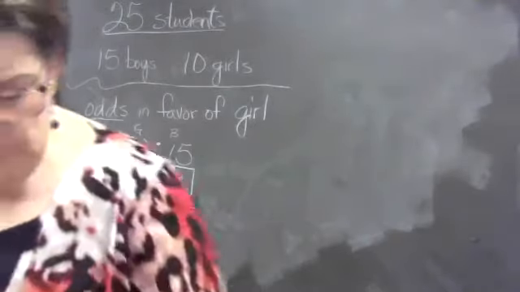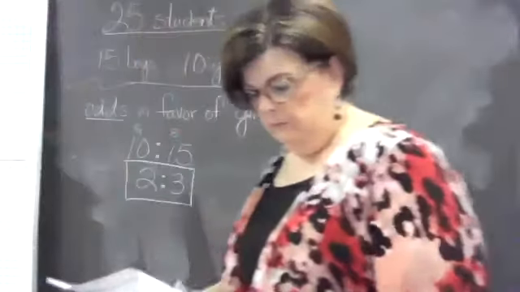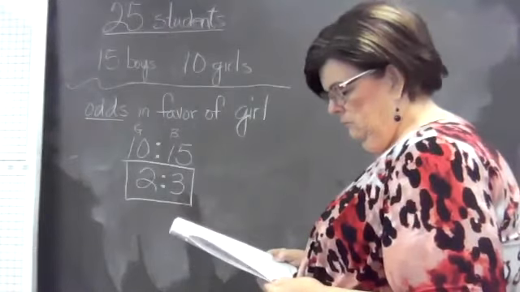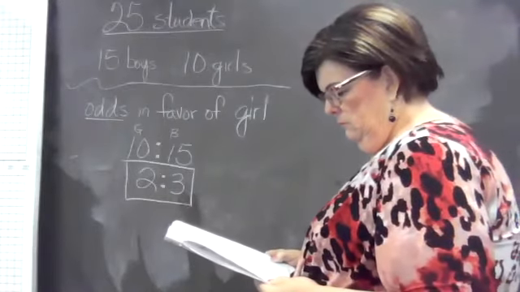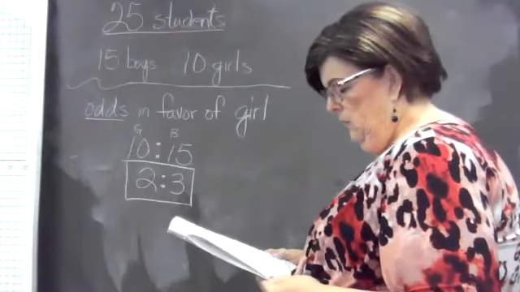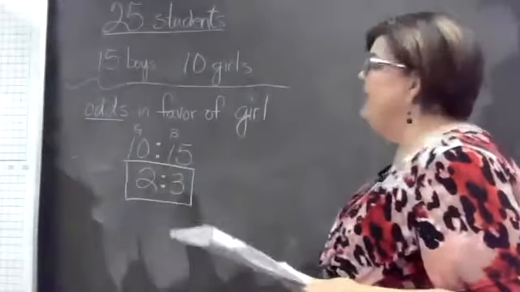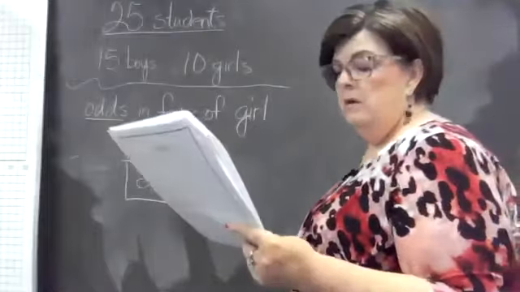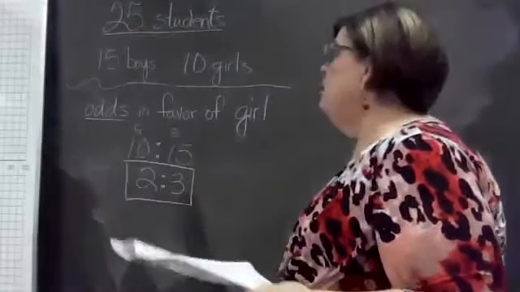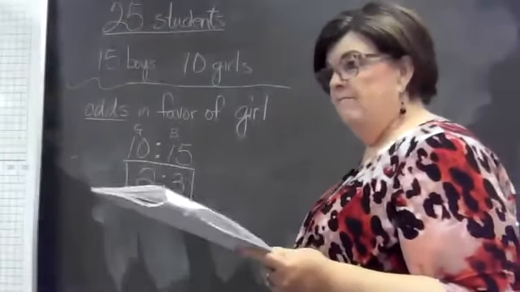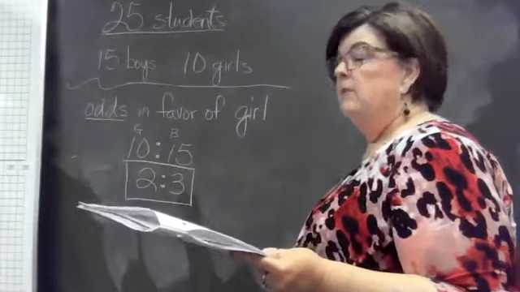Let's look at the last one. Aha, it's asking you the odds against a boy and the odds in favor of a girl, are they the same? Yes, they are.